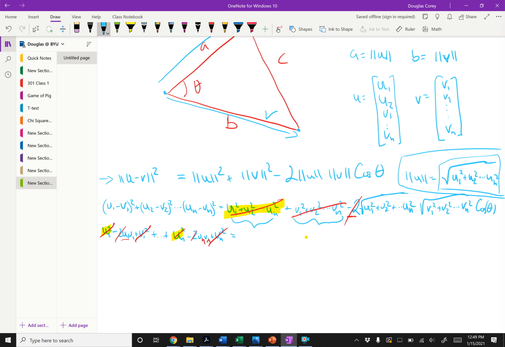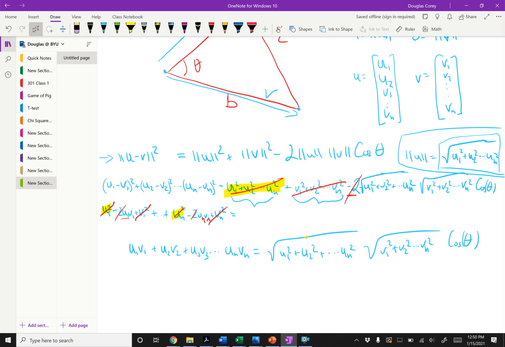So we have u1v1 plus u2v2 plus u3v3 dot dot dot unvn equals the square root of u1 squared plus u2 squared dot dot dot un squared times the square root of v1 squared plus v2 squared dot dot dot vn squared cosine of theta.